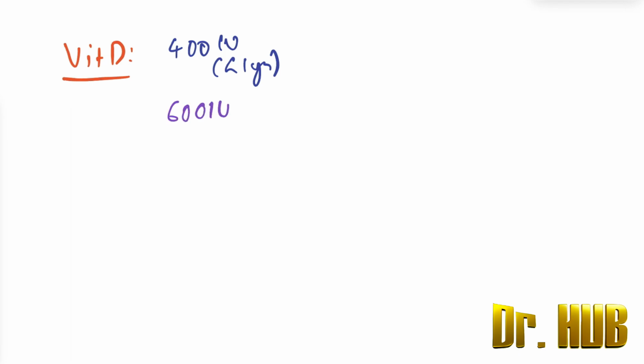Next, let's move on to vitamin D. The dietary allowance is 400 IU for less than 1 year, and 600 IU for greater than 1 year.